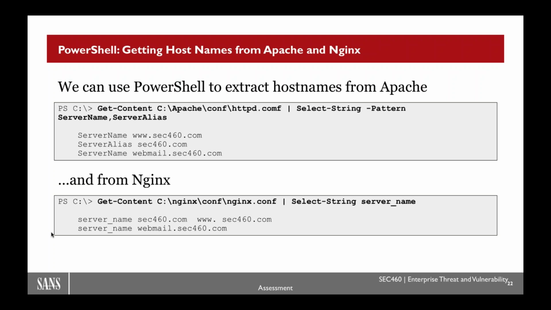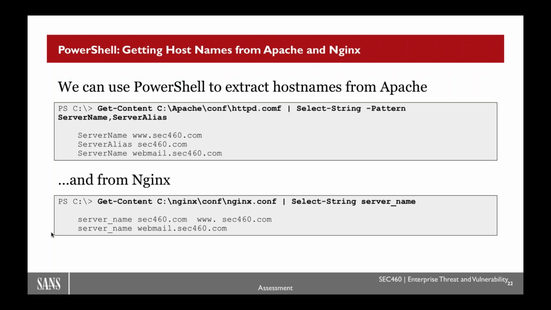And what we're going to do is use the Select-String commandlet, which is a lot like grep. It's going to filter the output. And what we're looking for is any lines that contain ServerName or ServerAlias. So I can quickly look through my httpd.conf and I can find www.sec460.com, sec460.com without a prefix, as well as webmail.